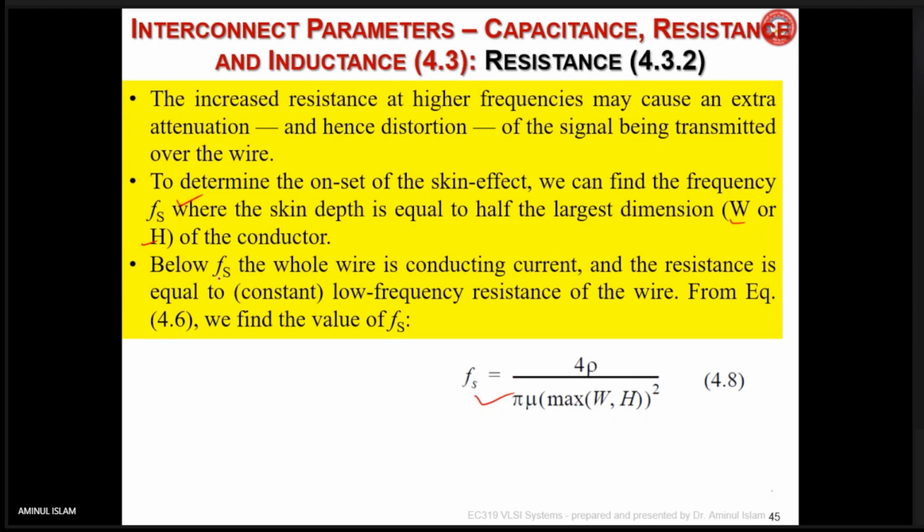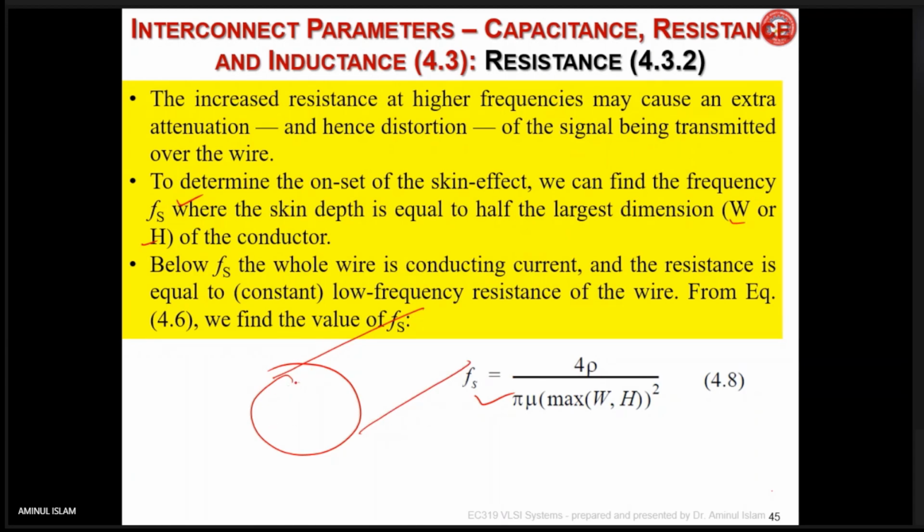Below Fs, the whole wire is conducting current and the resistance is equal to the constant low frequency value. So when frequency is low, the whole area is where current is flowing.